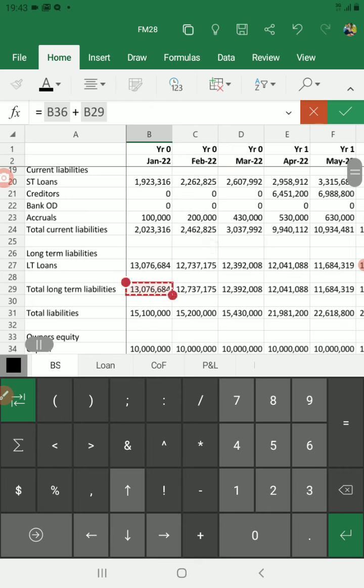So plus this short-term loans, it's called short-term loans. This is the current portion of long-term loan. So it's also part of long-term loan, so I add this one. Press enter.